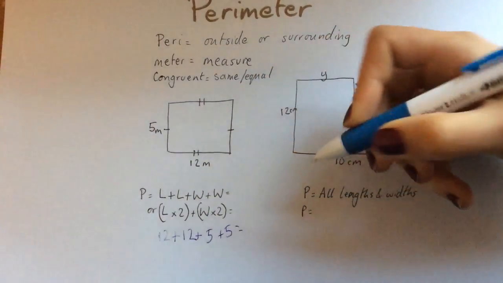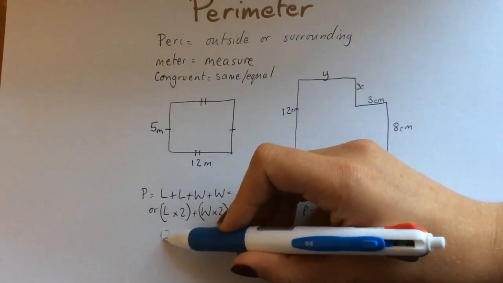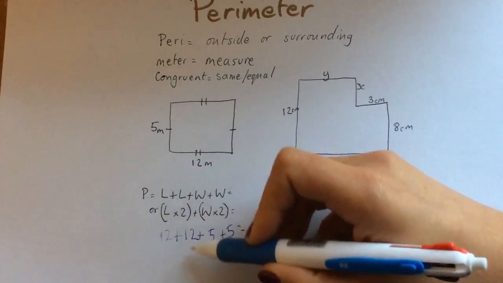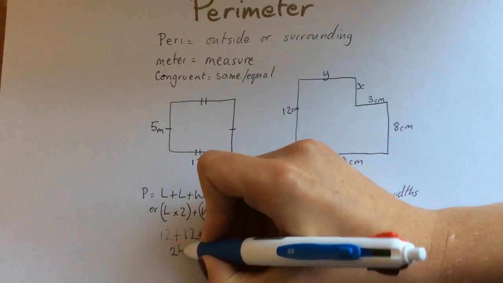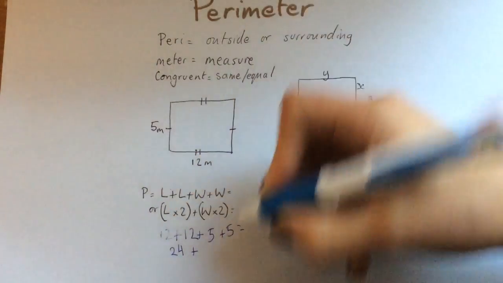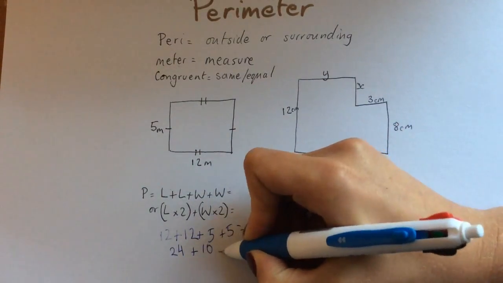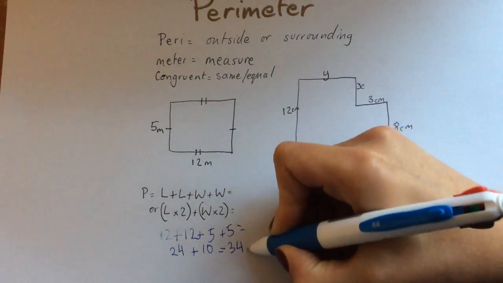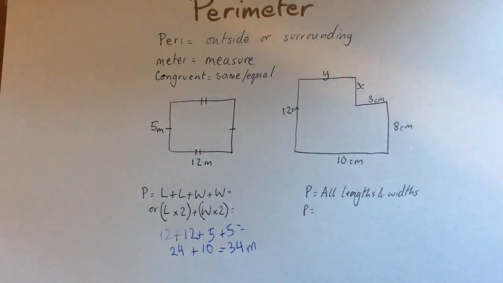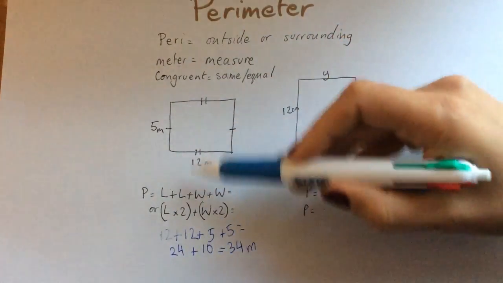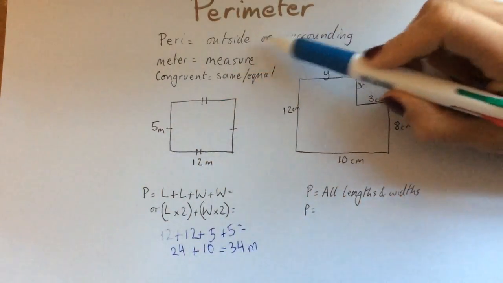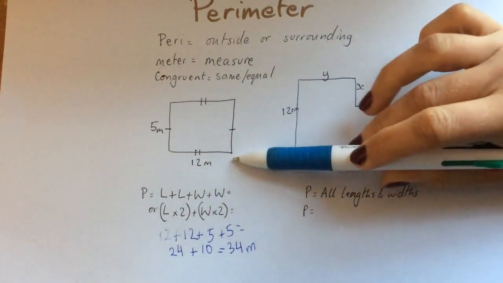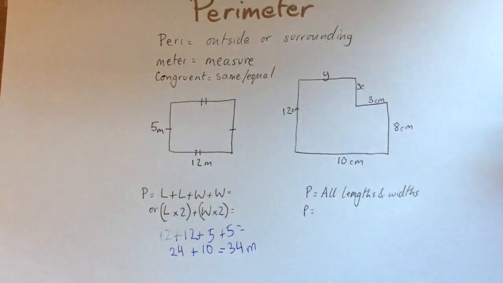What I would do in this one is just reduce it down. So then you'd have 24 plus 10, giving you a perimeter of 34 meters. I've just added all of the outside or surrounding measurements together to find out my perimeter.